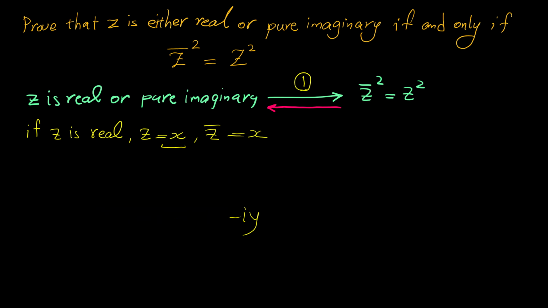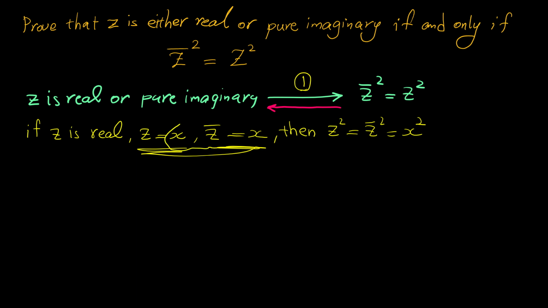So z is x, its conjugate is also x. So it is obvious that z to the 2 is the same as z conjugate to the 2, and both of them are x to the 2. Because as you look here, z and z conjugate are the same, they equal x.